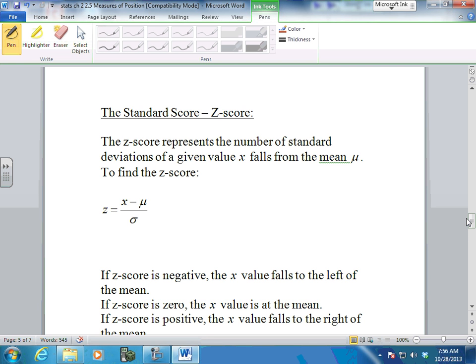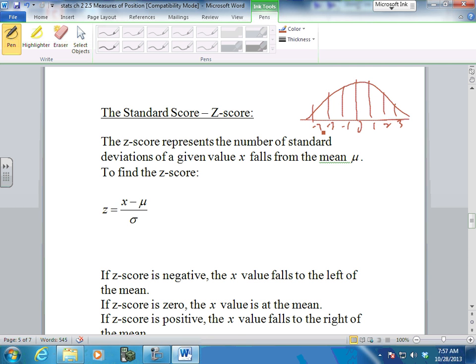Now, this part is the basis of our course. It is our standard score. Up to now, you can take your standard deviation curve, and you can find the 1, the 2, the 3, the -1, -2, -3.